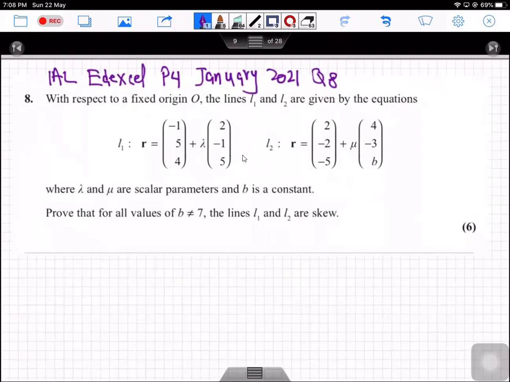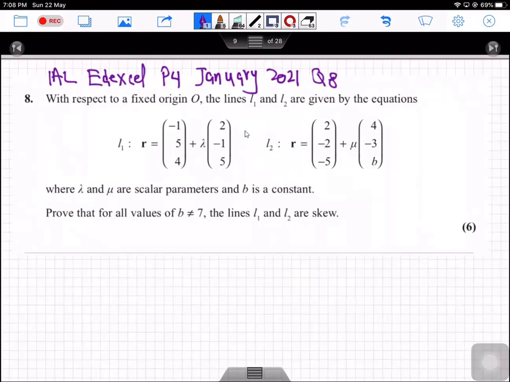Okay, so first of all, what we know is that the direction vectors of these two lines L1 and L2 are not scalar multiples of each other. So this means that the lines are not parallel. In order to prove skewness, skew lines are those lines which are not parallel and not intersecting.